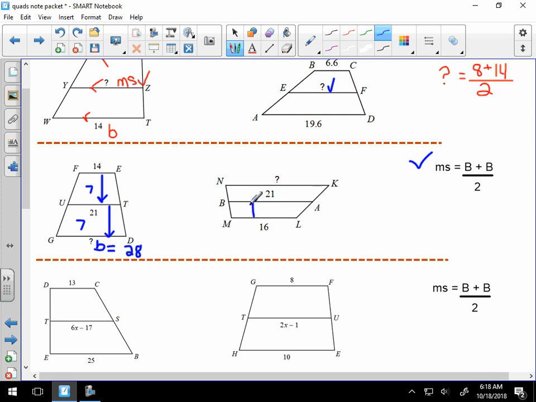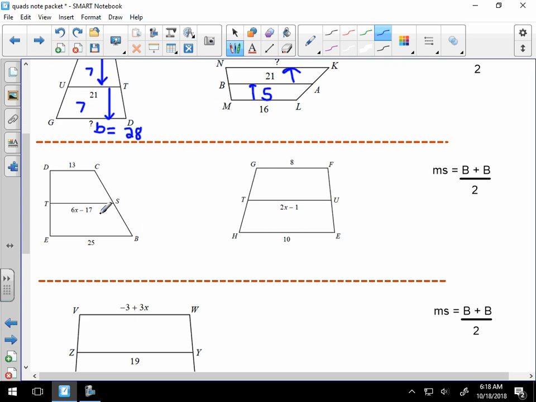So I find my distance, and that's 5. So our next distance is going to be 5. So now we know the top base is 26. So yeah, we can get crazy with this equation and do a long process to solve it. But if you understand this step that it's halfway through, it's pretty simple.